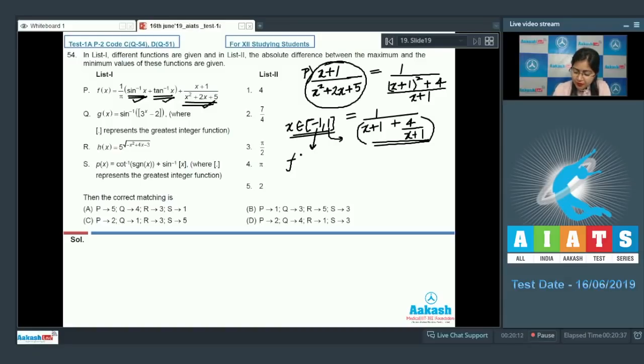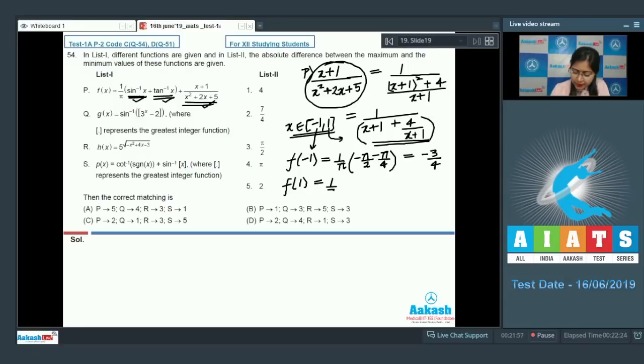So let's find f of minus 1. That will be equal to 1 by pi multiplied with sine inverse minus 1, which is minus pi by 2, and tan inverse minus 1, which is minus pi by 4, plus 0. So that will be equal to minus 3 by 4. Similarly, let's find f of 1.